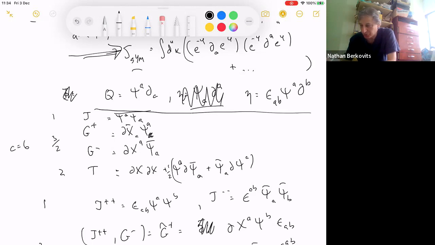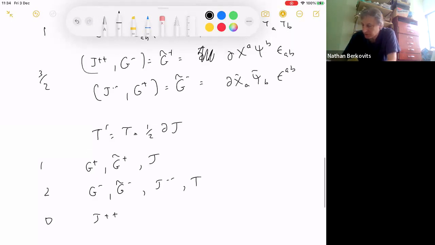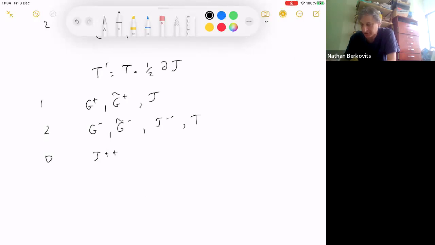And now you can see that Q is just equal to G plus. Let me write it again, sorry. So in the special case where we're looking at the D equals 2 theory, you find that G plus is equal to dx a phi a.